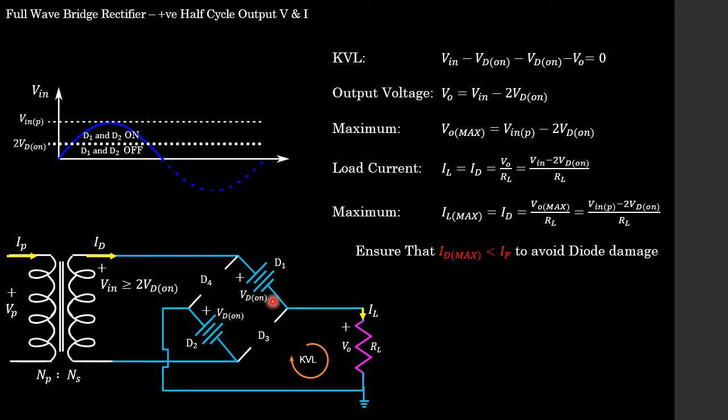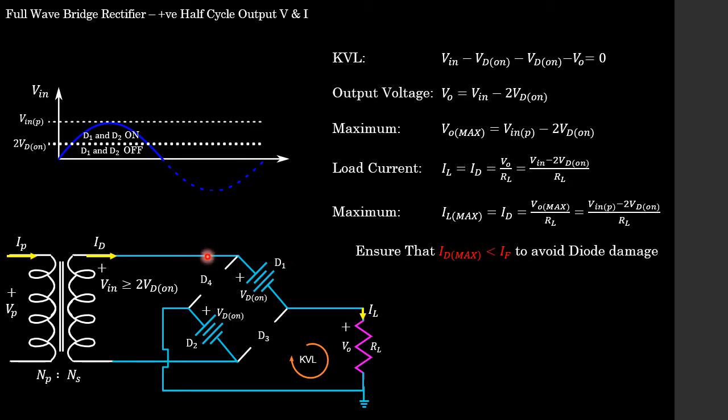So we have our diode on voltage, and each of our diodes is replaced by our source. And of course, D4 and D3 are not conducting, so they are open circuited. Here we can express our input voltage as being greater than or equal to 2 VD on. So we know that we are analyzing this region over here.